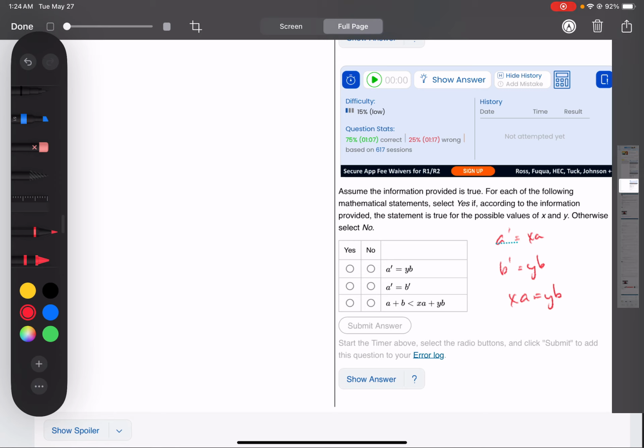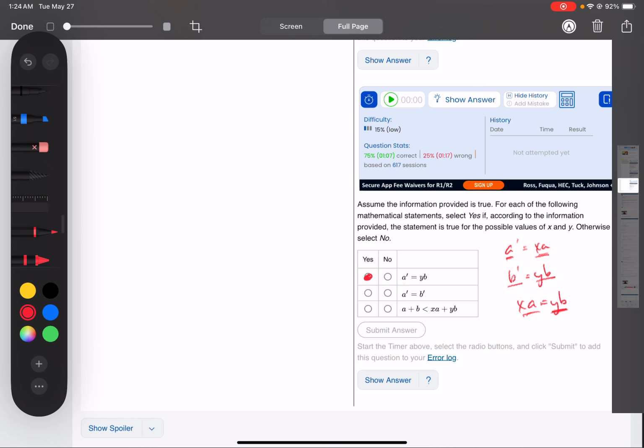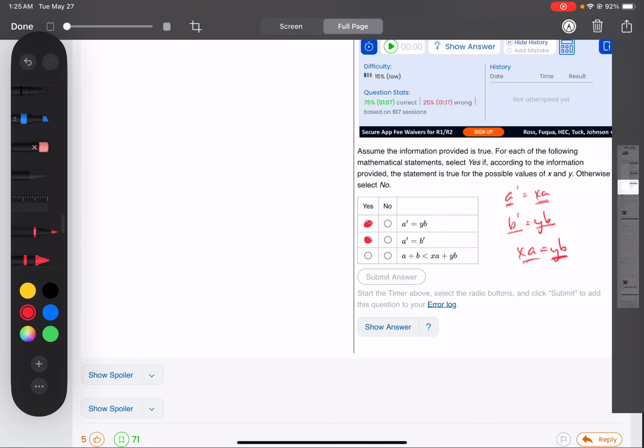So does A dash equal YB? Well, A dash equals XA, and XA equals YB. So yeah, these are true, just going down the line. Does A dash equal B dash? Well, A dash equals XA, XA equals YB, and YB equals B dash. So A dash equals B dash.